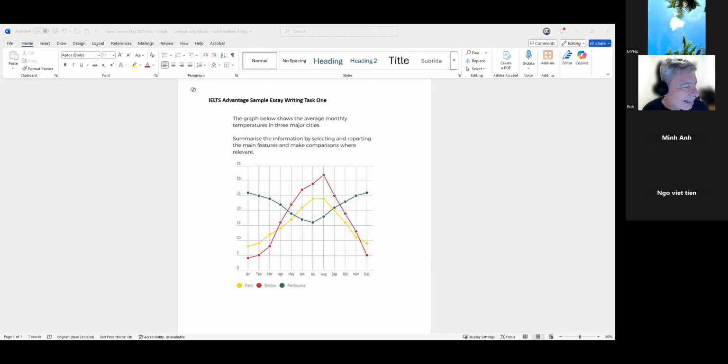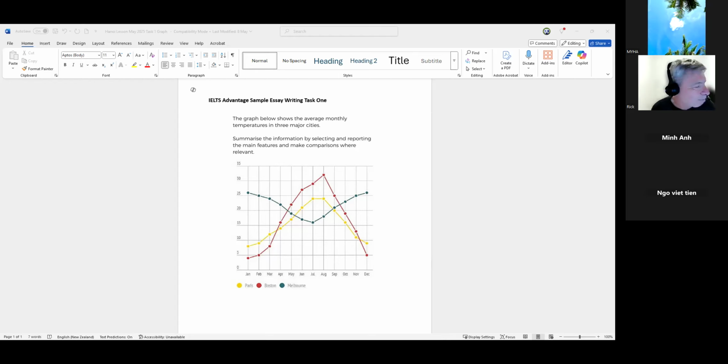Does that make sense for you? Nice and simple. Remember, keep it simple. Temperatures in Paris were in between the other two cities. Okay, makes it nice and simple, much simpler than what you've written and more correct. All you have to do.